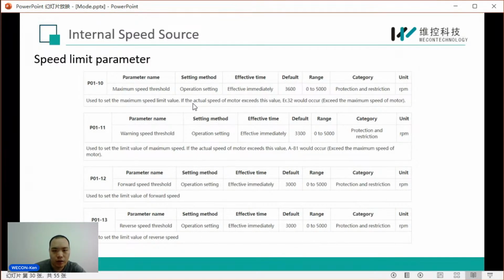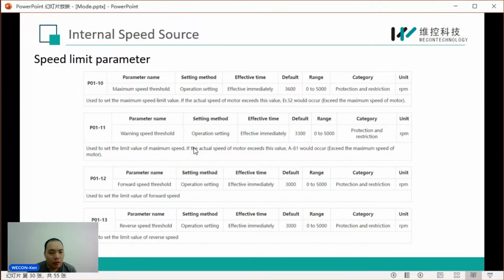Oh, and what needs to be noted is that P1 and 11, when the speed exceeds its limit, only an alarm will display, not an error.